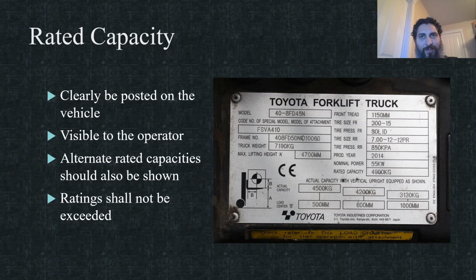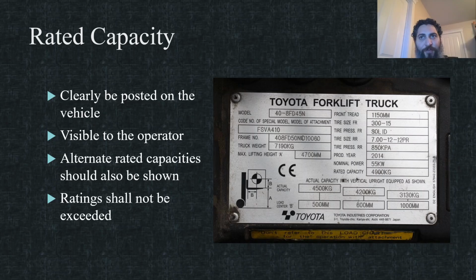All right, rated capacity. If you do have a lift truck, stacker, or any vehicle that has a rated capacity, that rated capacity should be clearly posted on the vehicle, and it should be visible to the operator.